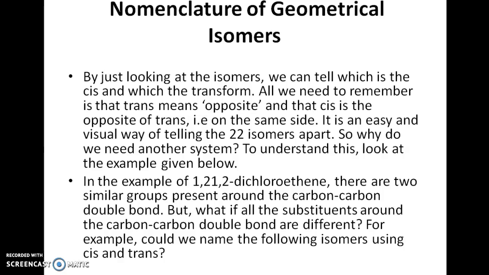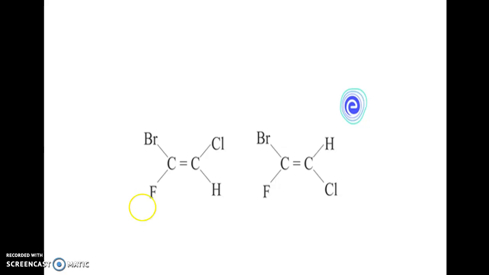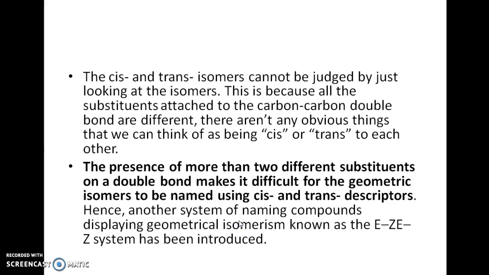So if all the substituents around the carbon-carbon double bond are different, for example, this is an example where all the groups are different. See, chlorine, bromine, fluorine and hydrogen. So in this case, cis and trans cannot be judged by looking at the isomers.